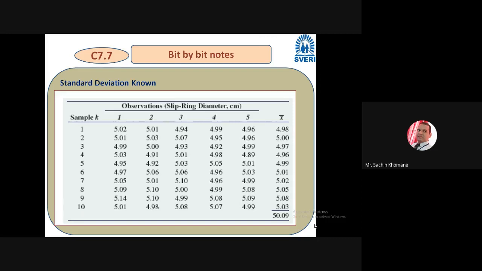Yes, sir. This is the mean of the first row, second row, third row, and then you have to take the addition of the means again. That is 50.09. Is it the correct values, or any reading is wrong or calculation is wrong which you find? All are correct. Just cross verify.